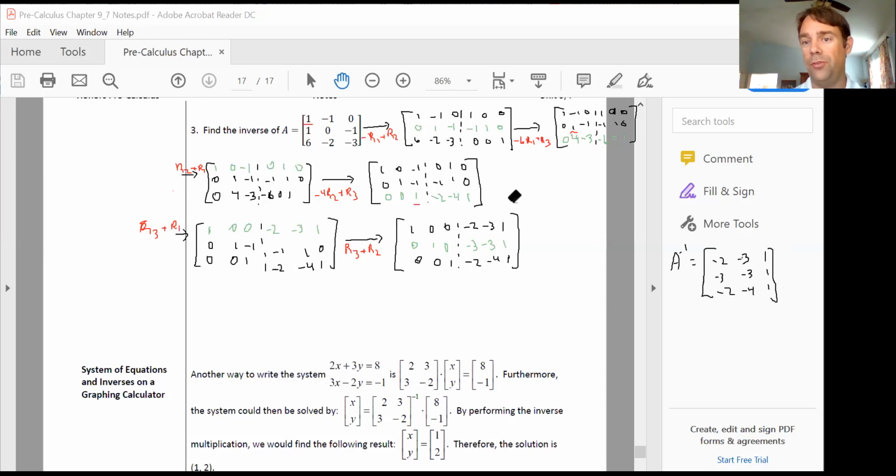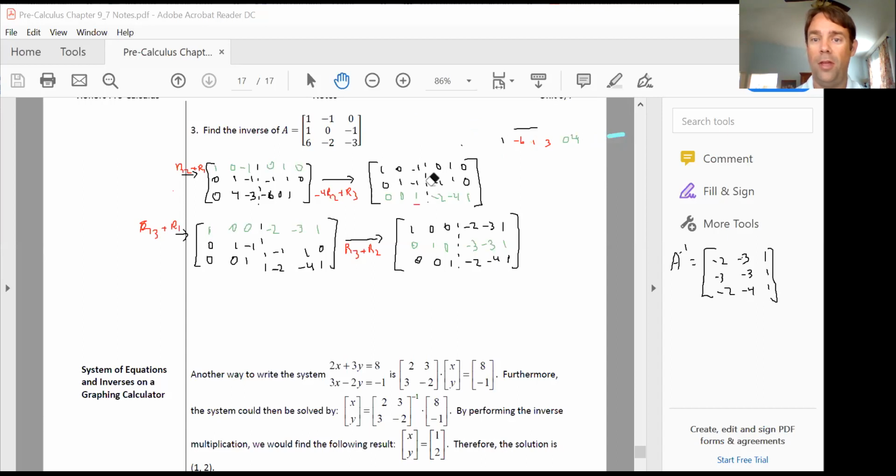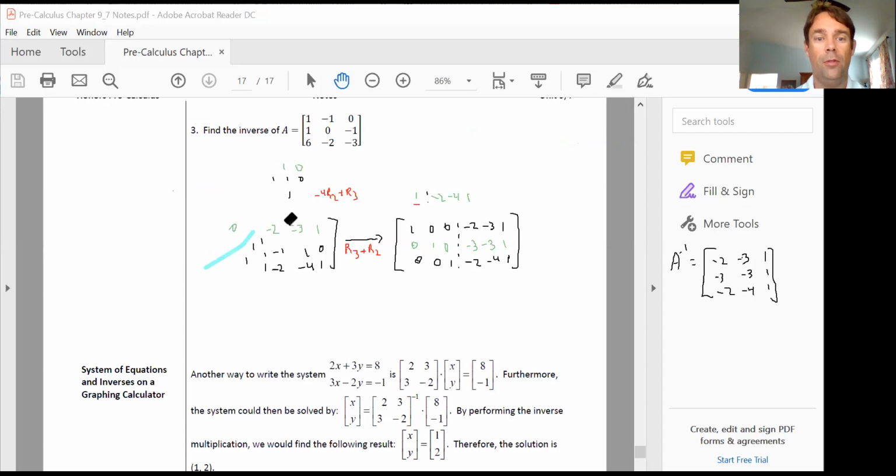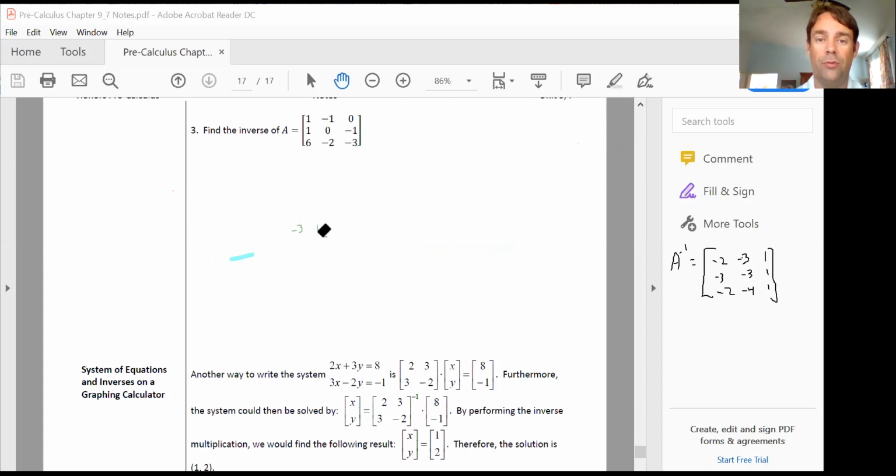So I guess the best thing for us to do to prove it to ourselves is to multiply it. Are they actually inverse matrices? And if they are, then we'll learn how to do it on our calculator real quick, and then we'll use it to solve systems, which is really what we wanted to do today.